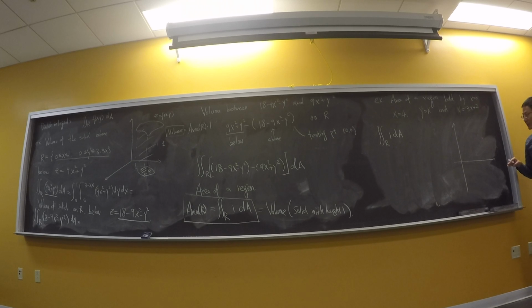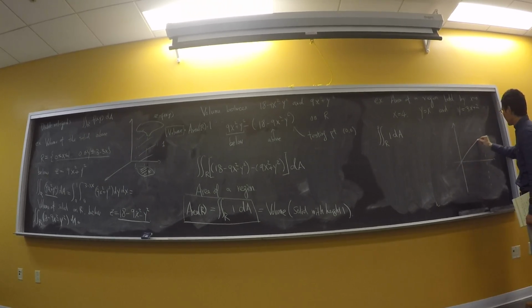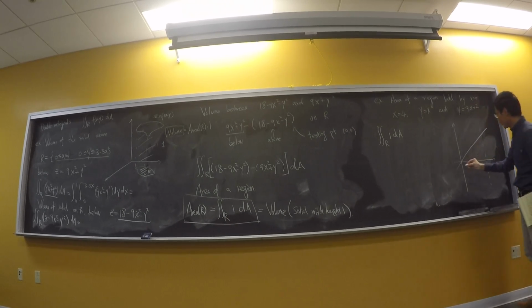We're going to talk about it in a minute. So x is equal to 0 is just the y axis. x is equal to 4 is the vertical line at 4. y is equal to x is a straight line passing through 0, 0 with slope 1. And this is a line passing through 0, 2 with slope 3.